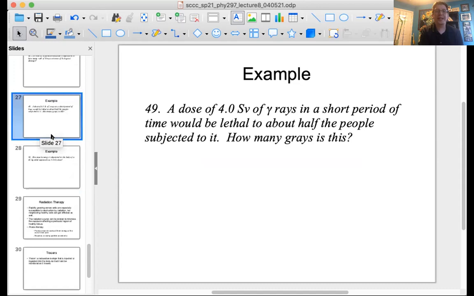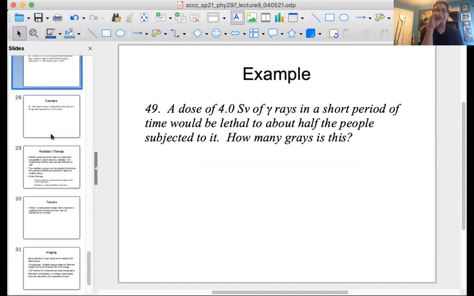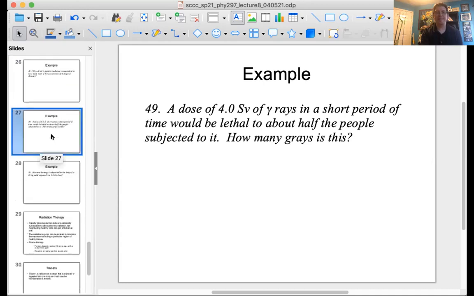So let's do another example. A dose of 4.0 sieverts of gamma rays in a short period of time would be lethal to about half the people subjected to it. How many grays is this? So let's backtrack. So we have 4.0 sieverts.